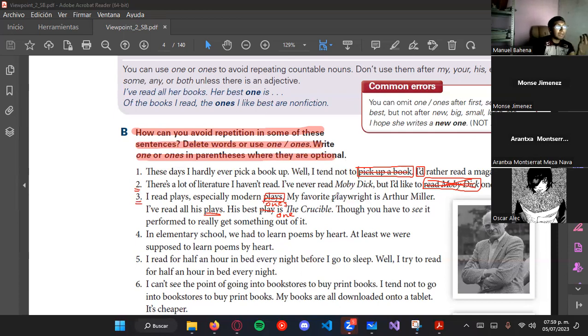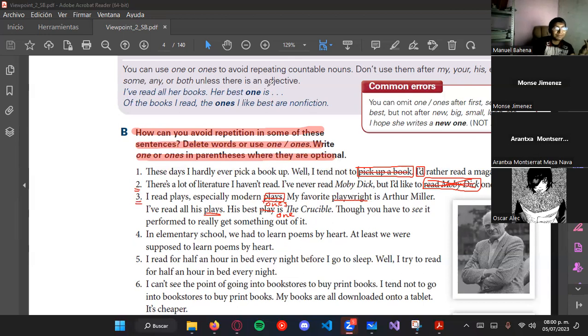Pero aquí, en algún contexto lo podríamos cambiar por my favorite one is Arthur Miller, pero aquí yo no sé mi favorito qué. Por eso también esta no la podemos reemplazar. ¿De acuerdo?